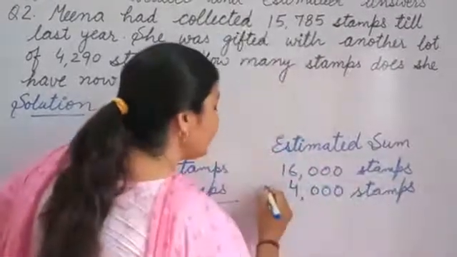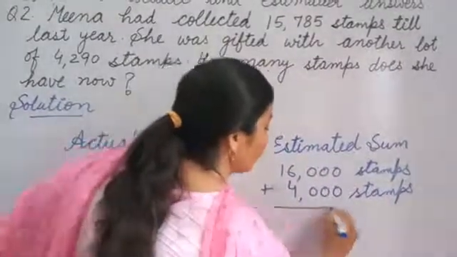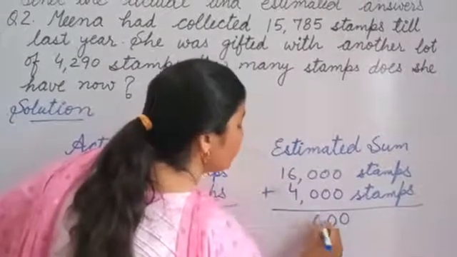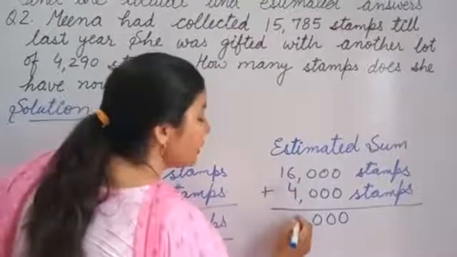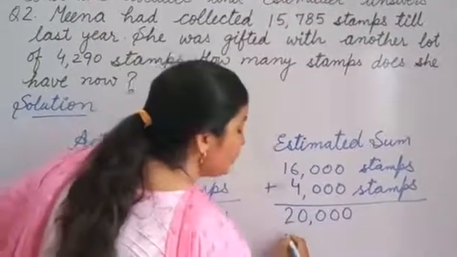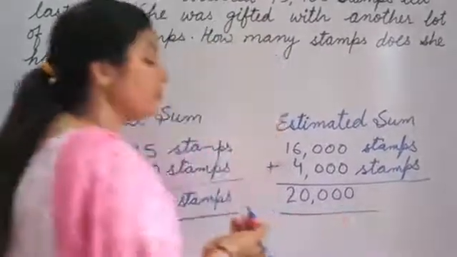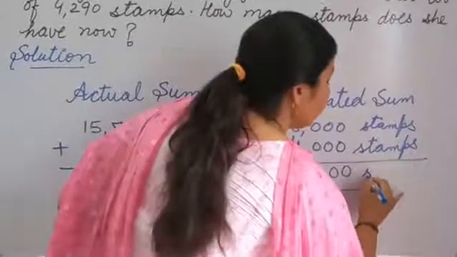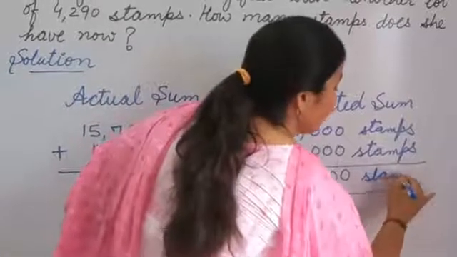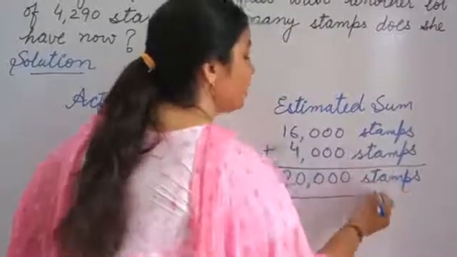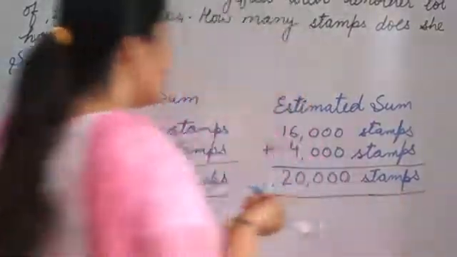Now we add them. 0 plus 0, 0, 0 plus 0, 0, 6 plus 4, 10, 1 carry 1 plus 1, 2. So what's the rounding number? Estimated sum 20,000. So this is the answer, 20,000 stamps. Okay.